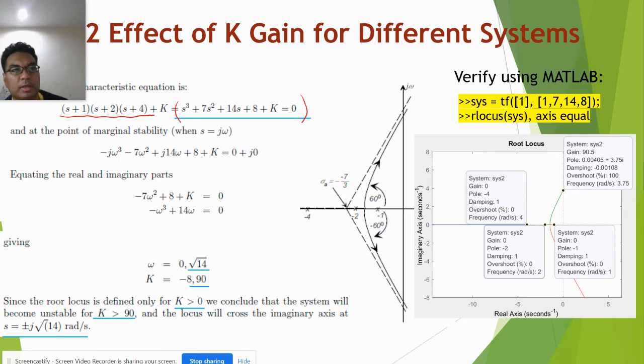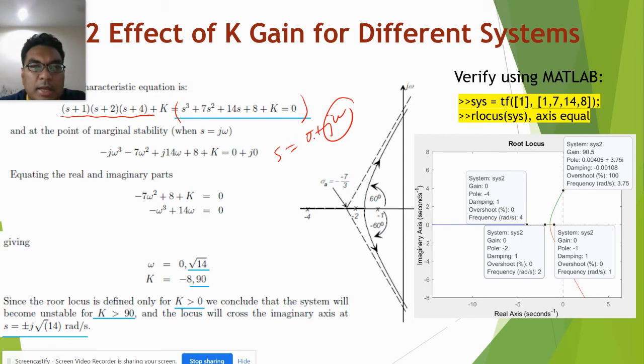Okay, and for the point of marginal stability, we know that s equals sigma plus j omega. So this is the unstable region.